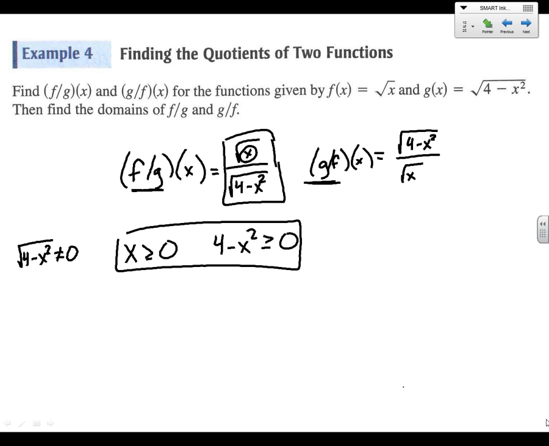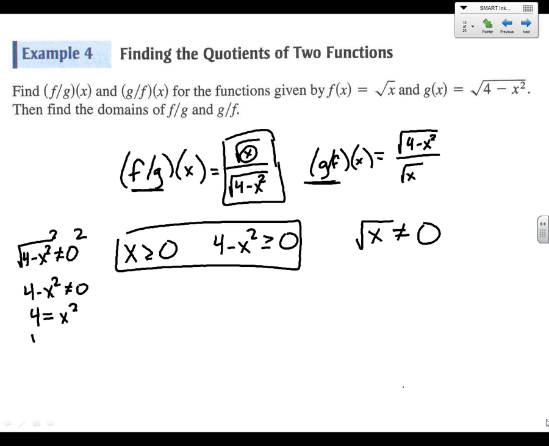The unique situation for g over f is going to say square root of x cannot equal, what can you not have in the denominator? 0. So let's simplify all of these things and see what we get. We could square both sides, still have 0. 4 minus x squared cannot equal 0. So 4 cannot equal x squared.